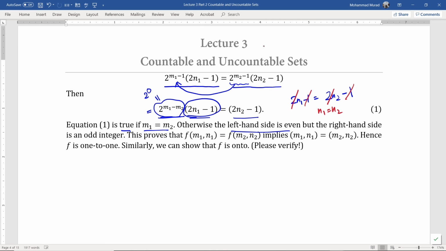So this proves that f(m1, n1) equals f(m2, n2) implies that (m1, n1) must be equal to (m2, n2). Hence, f is one-to-one. Similarly, we can show that f is onto. Please try to prove it.